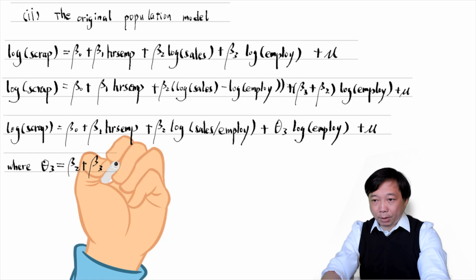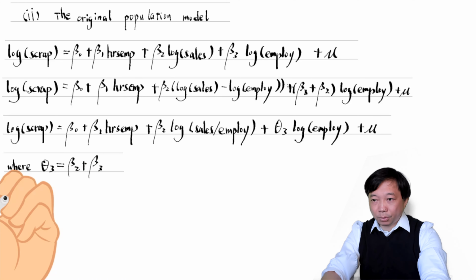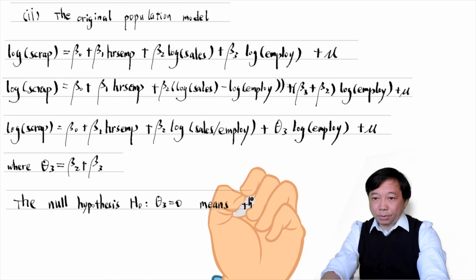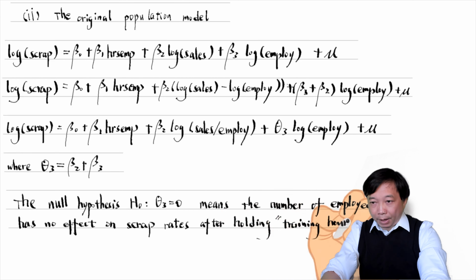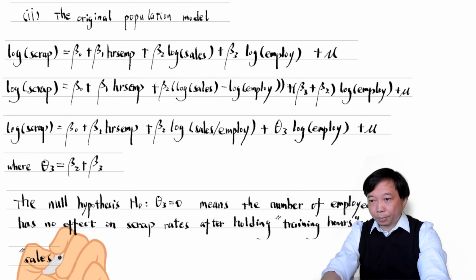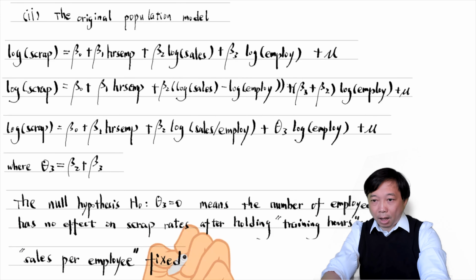The null hypothesis theta 3 equals 0 means the number of employees has no effect on the scrap rates after holding training hours per employee and sales per employee fixed.